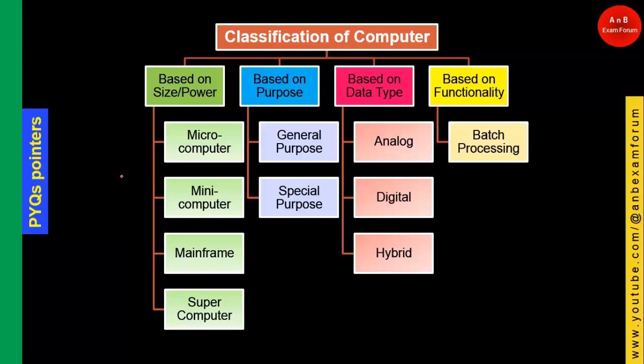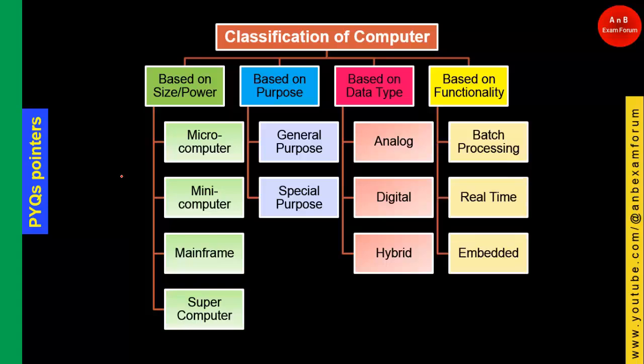And coming to functionality wise, we have 3 categories. In fact, one more is there, that is the quantum computer. So in the classification of computers, the one based on data type and the one based on size and power are the 2 important categories on which you can get a question.